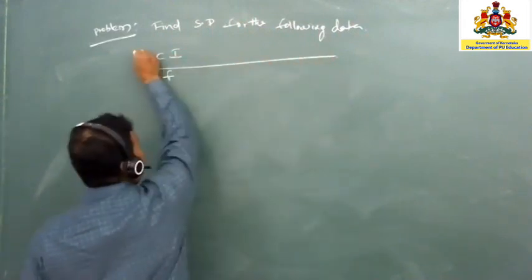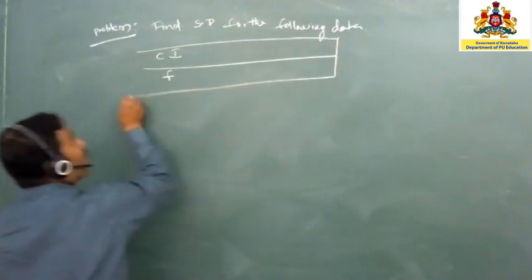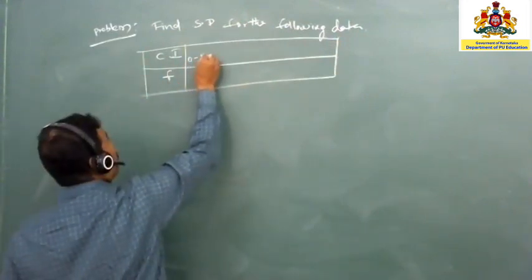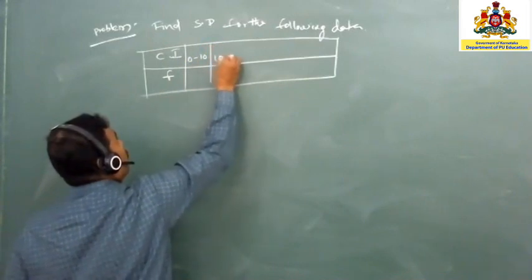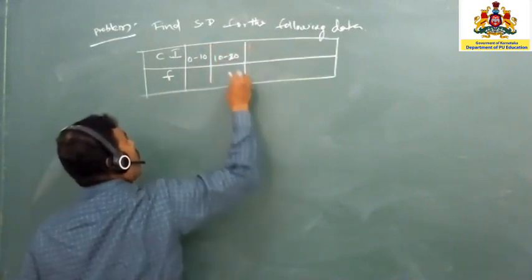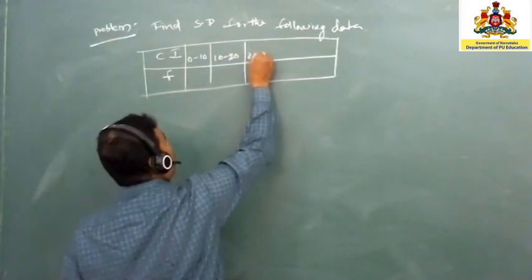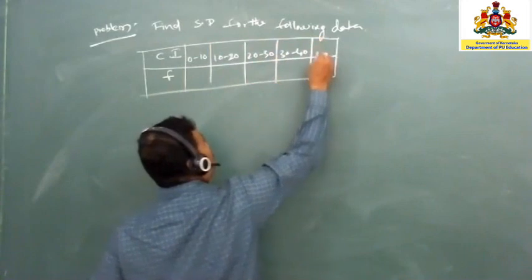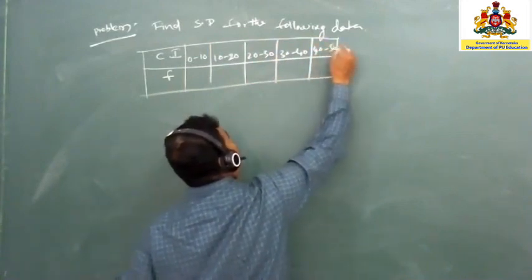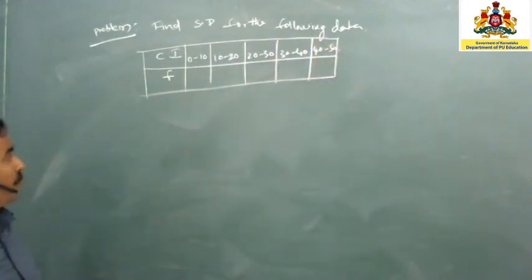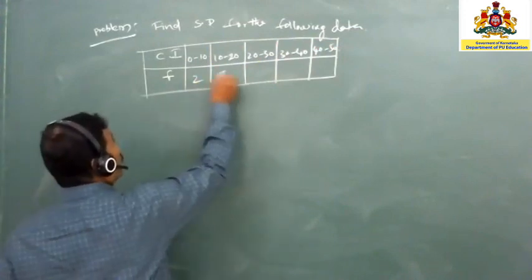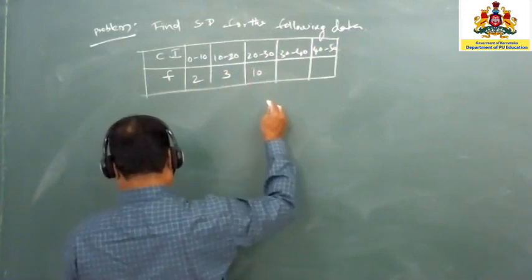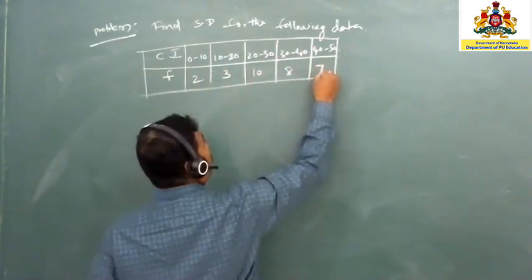If class intervals are given, the data is a continuous frequency distribution: 0 to 10, 10 to 20, 20 to 30, 30 to 40, 40 to 50, with frequencies 2, 3, 10, 8, 7.